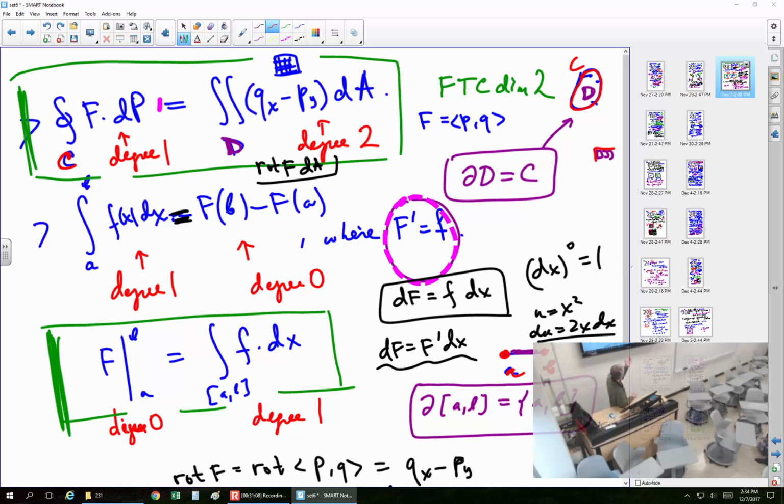On the right you will simply be adding values. Integration is simply addition. You're walking over that region, visiting every point in D, and adding the values of that function in the parentheses.